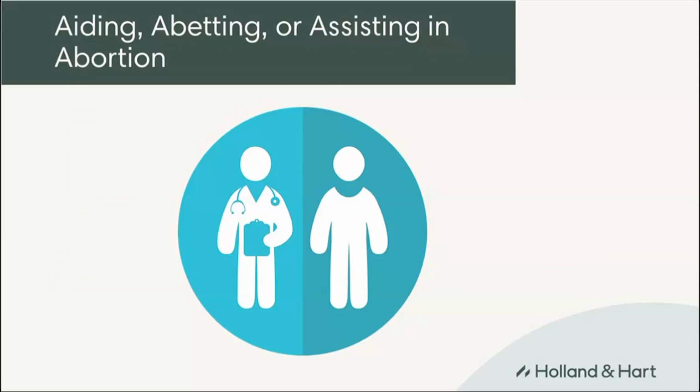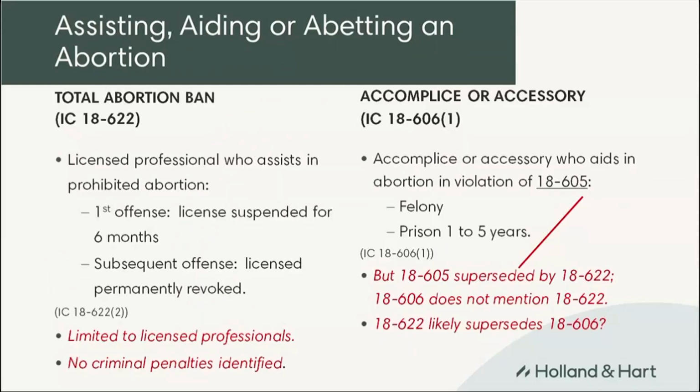All right, those are the general bans. Let's talk about aiding, abetting, or assisting an abortion. The total abortion ban specifically says that a licensed professional who assists in the prohibited abortion can lose their license. The first offense, they lose it for 6 months. For subsequent offenses, the license is permanently revoked.